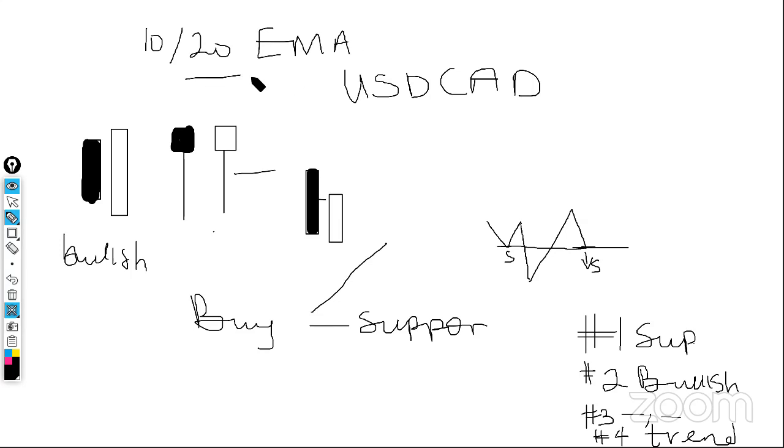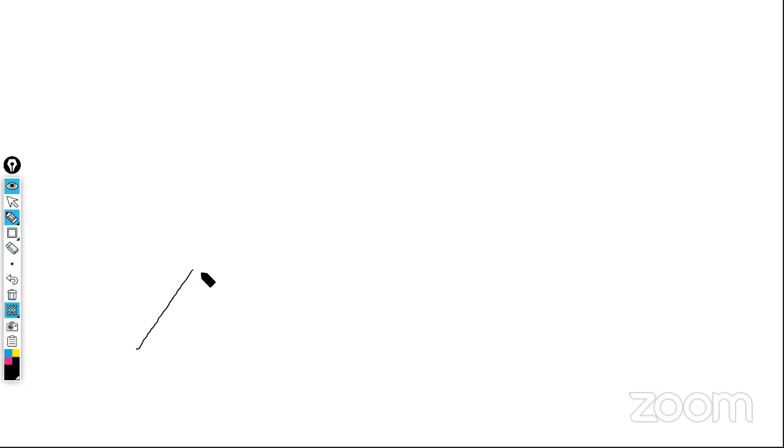I use the 10 and 20 EMA for dynamic support and dynamic resistance. So let's say, for example, on a trend where I can figure out a bullish rally, price makes a pullback right here. The overall trend right here is a bullish rally, and then I have my 10 and 20 EMA.